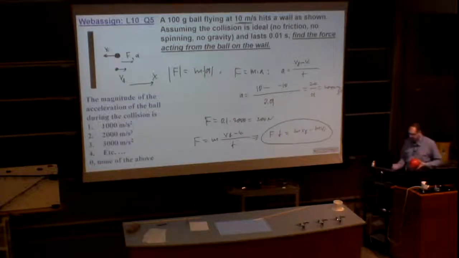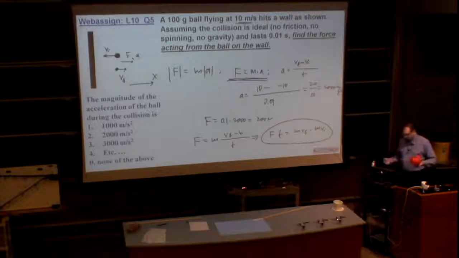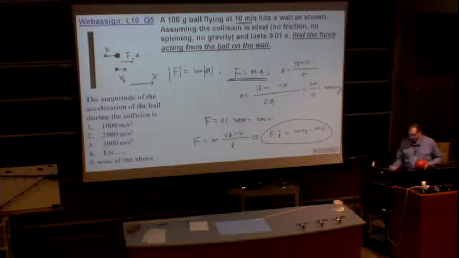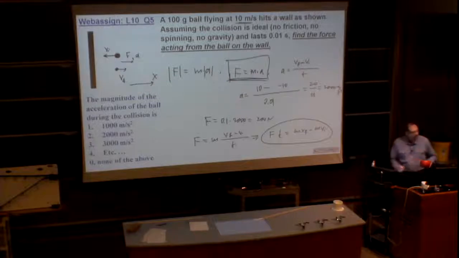Not the way we write it today. But it turns out this form of Newton's second law becomes very, very convenient, much more convenient than the contemporary form when we talk about different types of collisions.